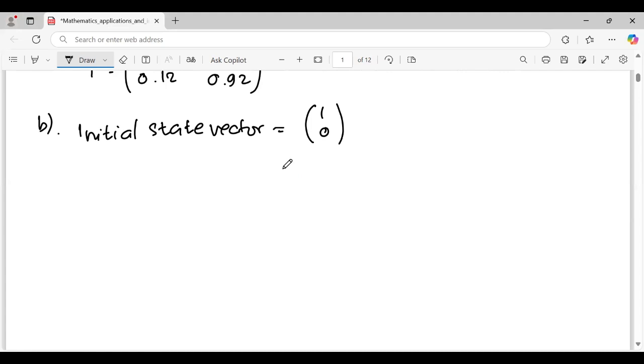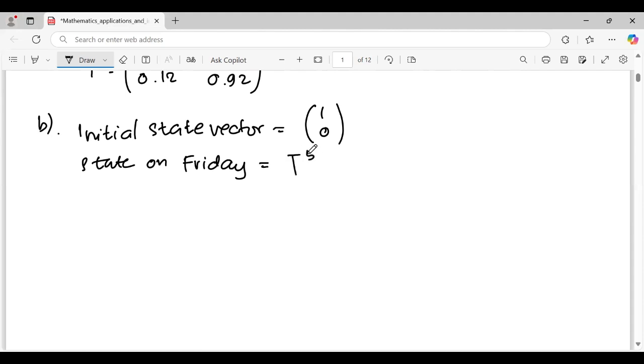Okay, so from Monday to Friday, there are 5 transitions, because it is 5 days, Monday to Friday. So the state on Friday is 5 transitions.